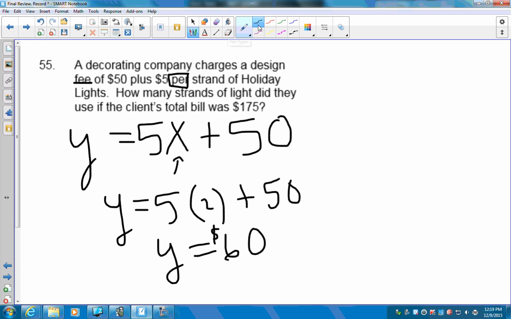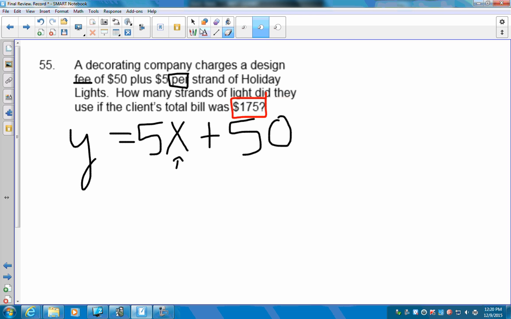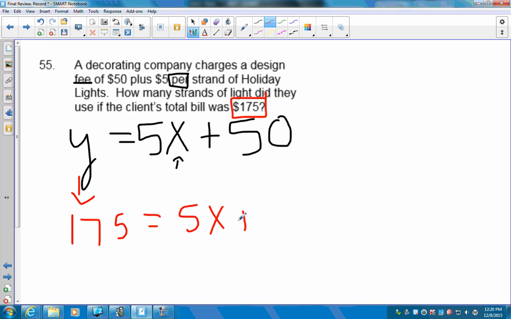But this situation is telling us that our total cost is $175. So what we're going to do is substitute that total cost in place of y. So 175 equals 5x plus 50. And then I'm going to solve the equation for x.